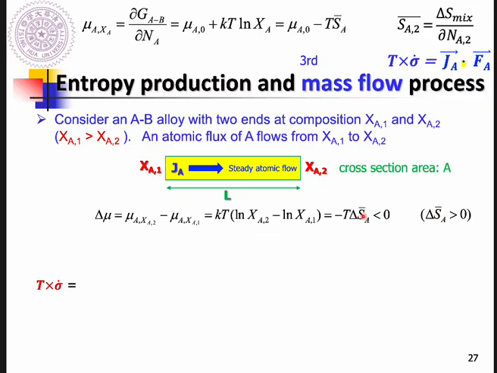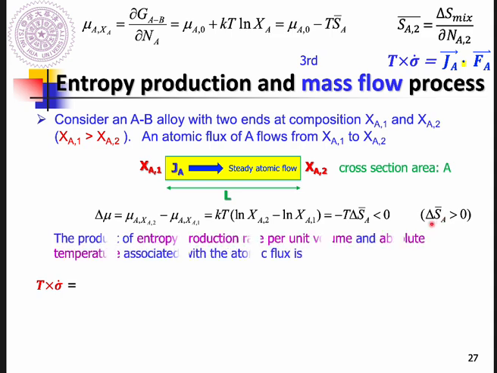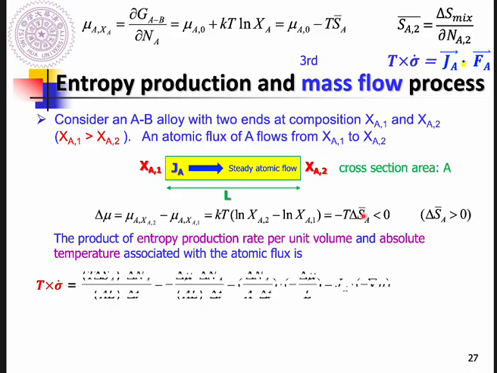And as you know, delta SM is very positive. So this chemical potential difference links with entropy production. But this is per unit number of A atoms.